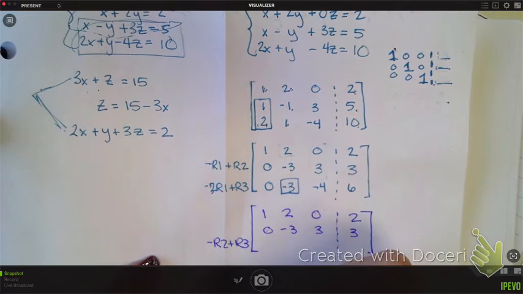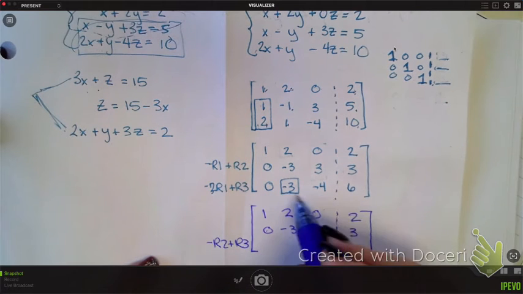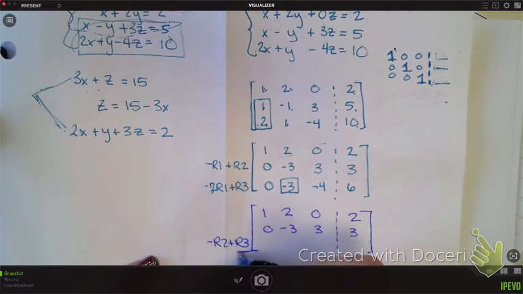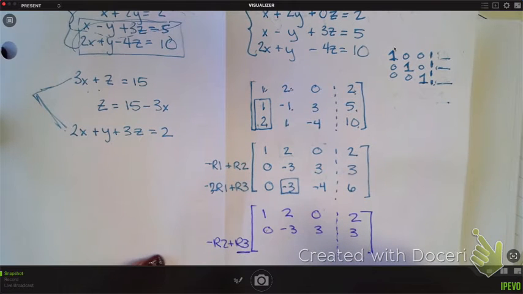Are you only going to change the -3 then on the bottom row? No, you have to do the whole row. So the only thing that's going to appear different is row 3, correct?